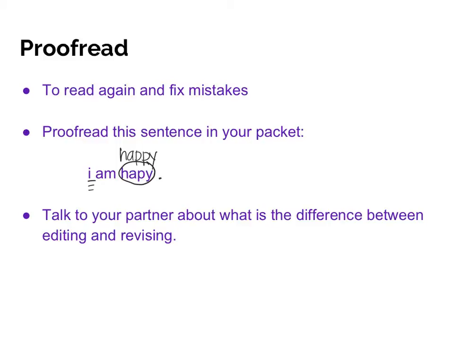So now, when we are talking about fixing things in your essay, there's 2 words that we can use: editing and revising. So talk to your partner about what is the difference between editing and revising.